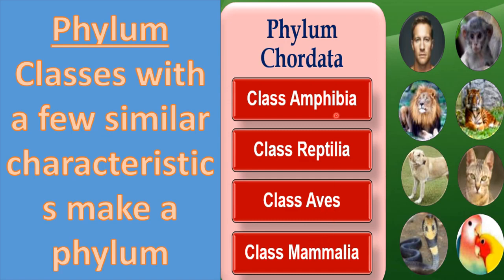So the organisms present in this Phylum Chordata have only a few similarities. And what are these similarities? All will have the notochord. So the animals which come under the Chordata phylum will have the notochord, and that's why these are under the Chordata. So all these classes, Amphibia, Reptilia, Aves and Mammalia, are under the same phylum due to the presence of a few similar characteristics.